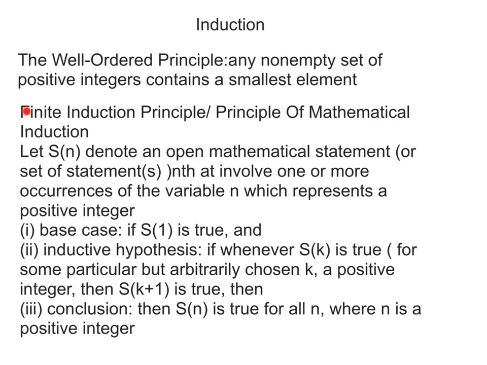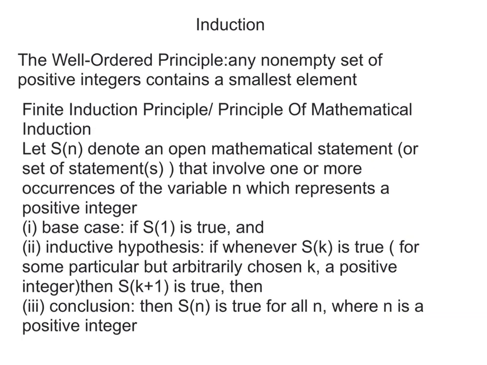The finite induction principle, also known as the principle of mathematical induction, says: let S of n denote an open mathematical statement or set of statements that involve one or more occurrences of the variable n, which represents a positive integer. Then if the base case is true, if S sub 1 is true, and the inductive hypothesis is true, and this is the inductive hypothesis, if whenever S of k is true for some particular but arbitrarily chosen positive integer k, then S of k plus 1 is true.